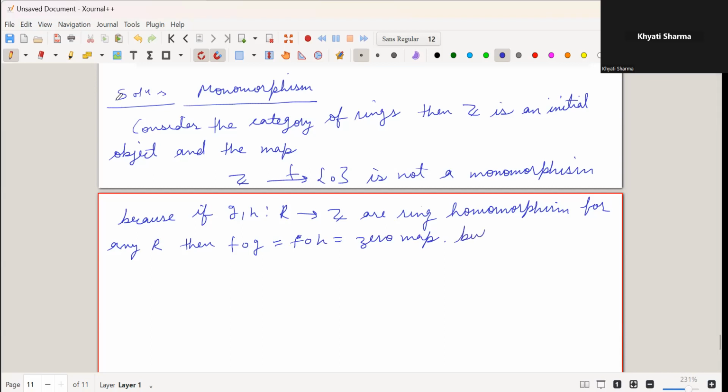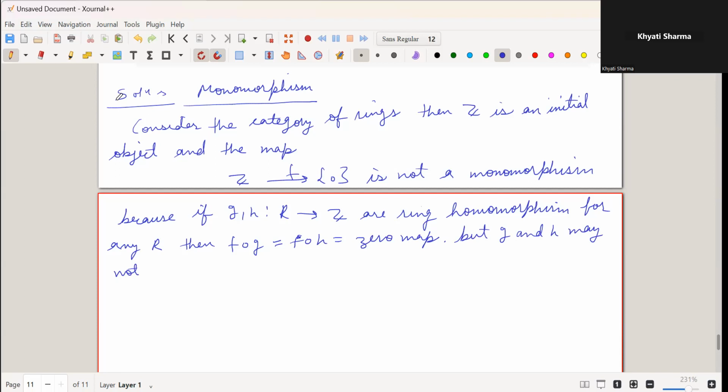But g and h may not be equal. You can define g in any way; f of g is f of h for any g and h.